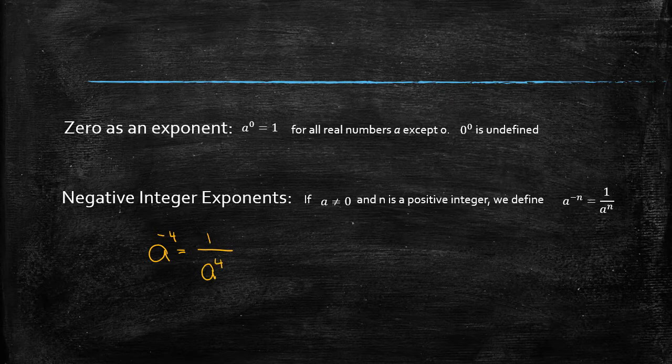If you start with a negative exponent that's already in the denominator, so let's say we have 1 over a to the negative sixth, it's already in the denominator, we can simply move it to the numerator, and then it becomes positive, so a to the sixth power now, over 1, but we wouldn't need to write divided by 1. Okay, so anytime you have a negative exponent, I just say move it. So if it's up top, move it to the denominator. If it's already in the denominator, move it up to the numerator.